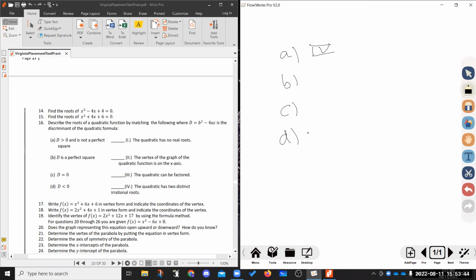When D is a perfect square, it's going to have 2 rational answers, and it can be factored when that happens. So that's 3. When D is equal to 0, the vertex of the graph is on the x-axis. That's 2. When D is less than 0, then number 1. So these are in reverse order, 1, 2, 3, 4.